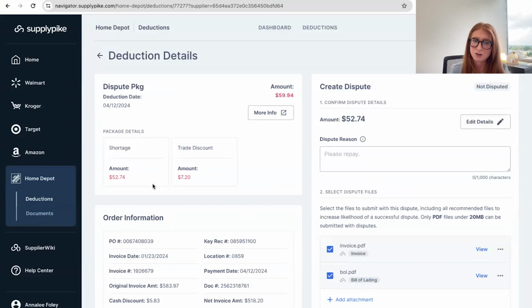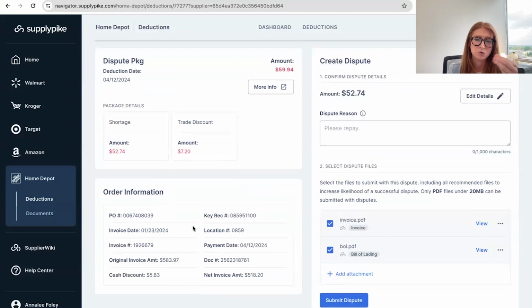So you'll see here we had a shortage for $52 and a trade discount for $7. So breaking it down, and then we also provide some high-level order information. So right now in merchandise payables, some of these data points can kind of live in a couple different places. So we wanted to put it all in one spot so that you had it associated to this dispute package in one easy, clean place.